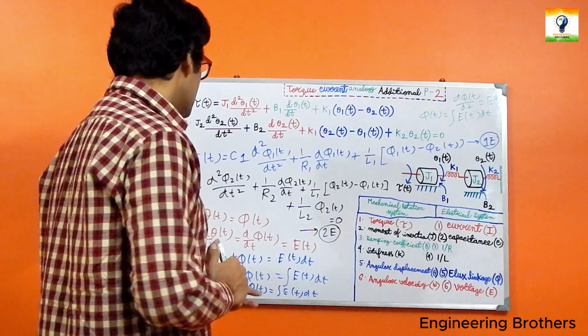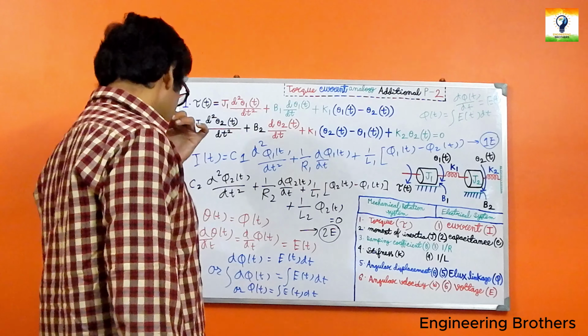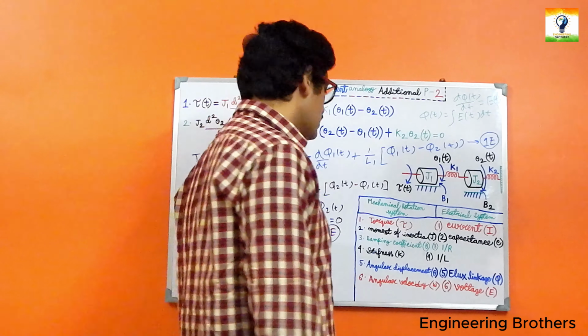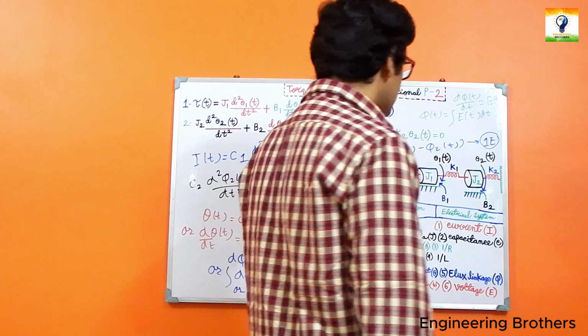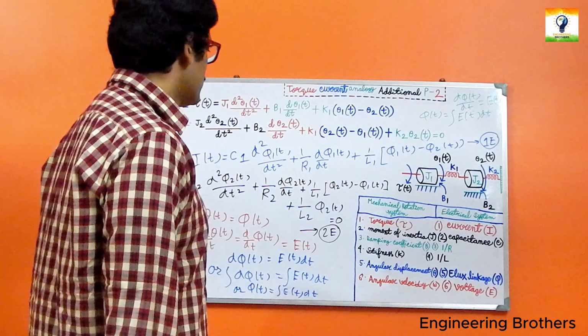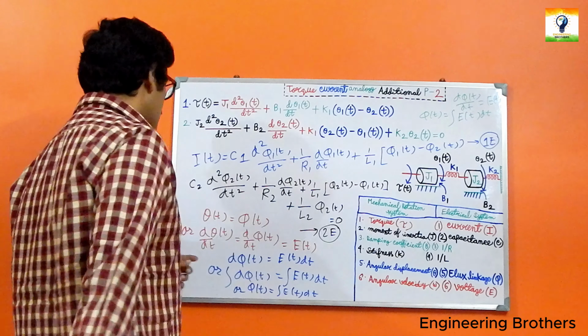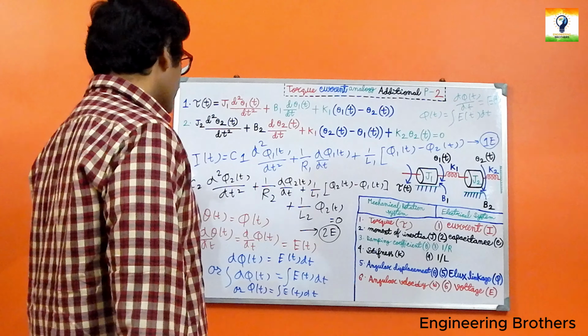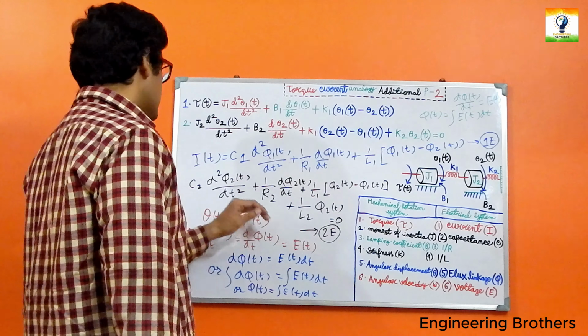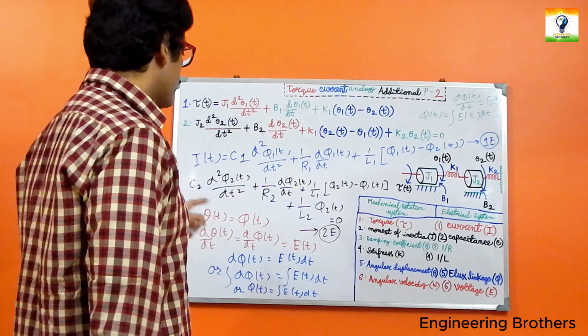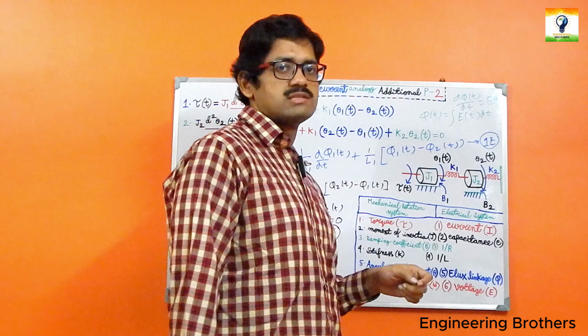For that, we utilized our analogous concept, which is angular displacement equal to flux, because we know that analogous means equal. So for our electrical system the flux phi t will be there, which is analogous with theta t for our mechanical rotational system.